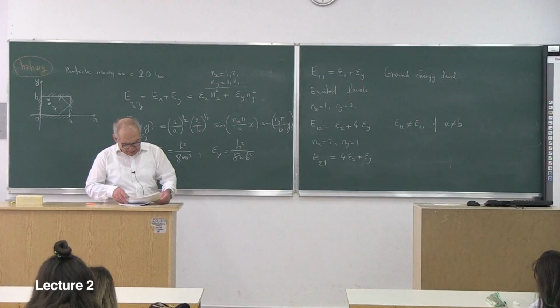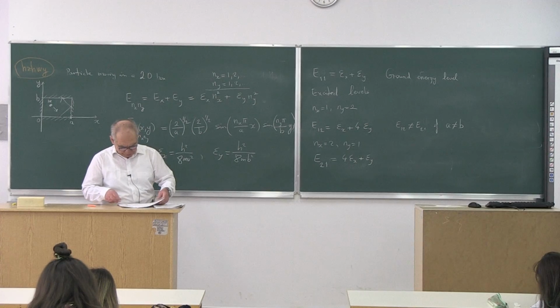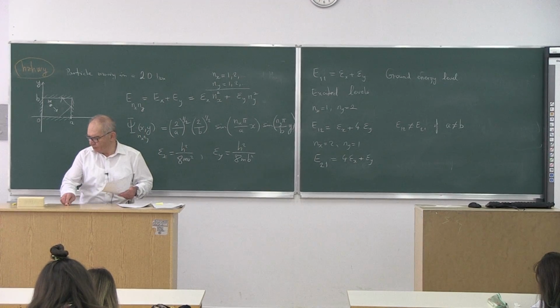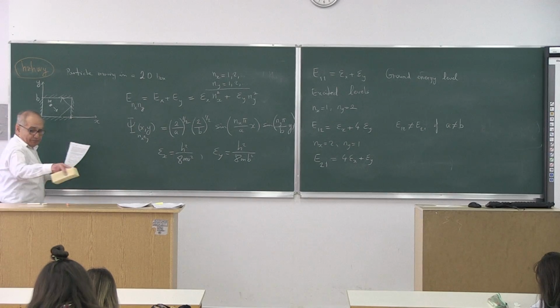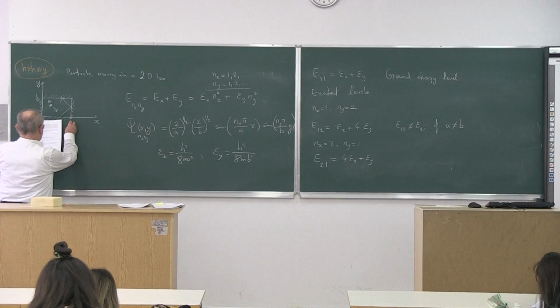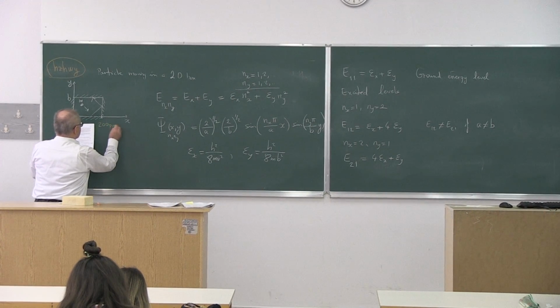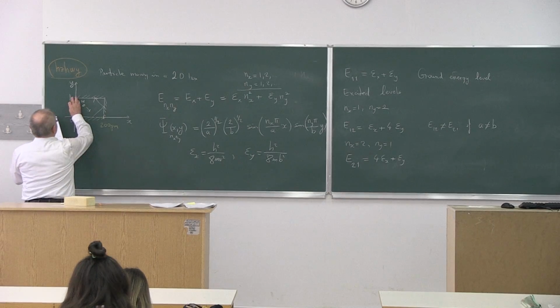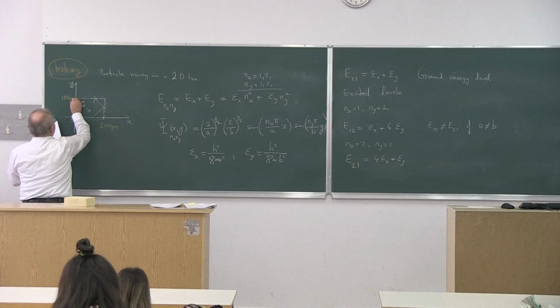Before continuing, let us consider an example. Suppose the box length along x direction A is 200 picometer and B is 100 picometer.